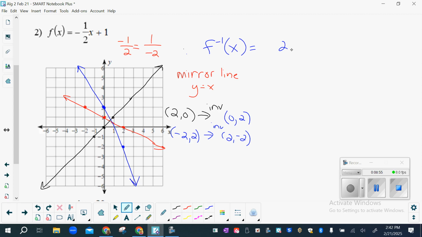So you notice you can go down 2, right 1, down 2, right 1, or up 2, left 1. That's hard to see by the way I drew it, but it's up here. So that's the equation of my new line. That'll be the hardest part.